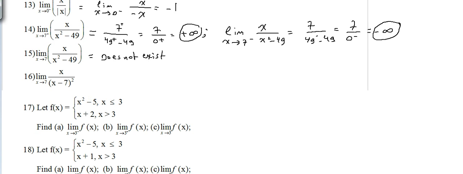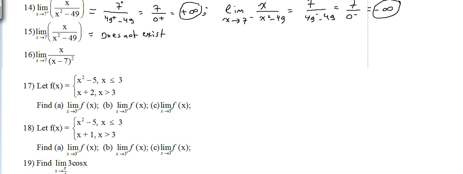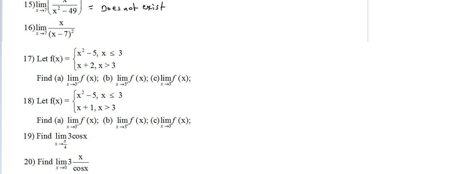Now, number 16, its limit as x approaches 7 of x over x minus 7 squared. And this is important too, because it's 7 over 7 minus 7 to the power 2, which is 0. But we consider it as 0 plus.